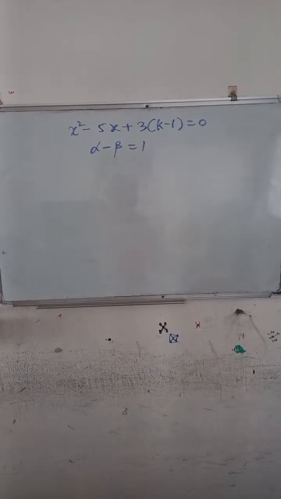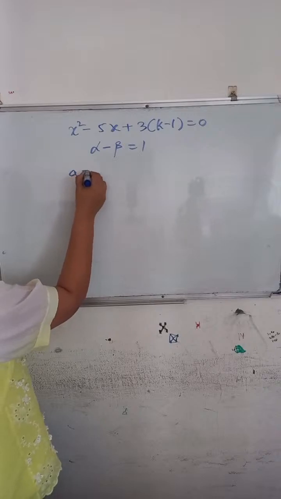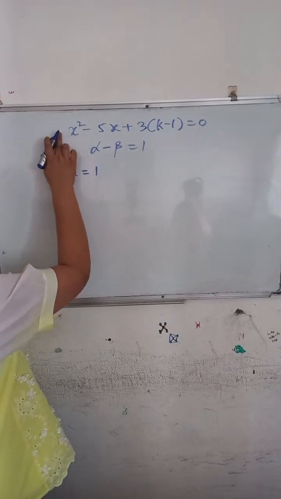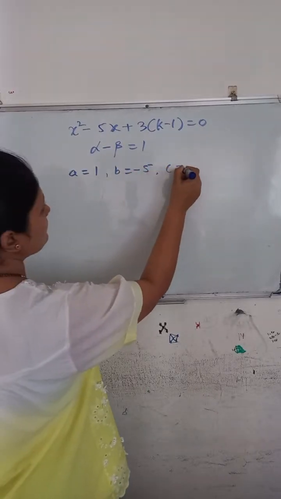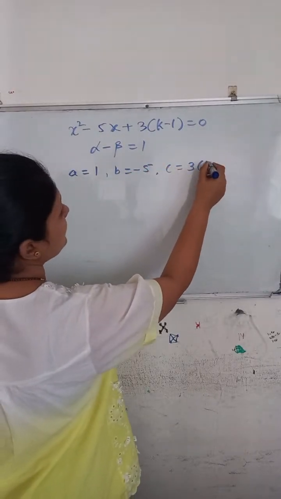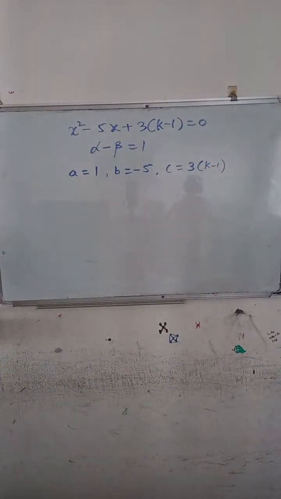Did you get the value? SOZ is 5. Okay, let me check. We will calculate. So here, A is 1, the coefficient of x square is 1, B is nothing but minus 5, and C is 3k minus 1. Don't write only k minus 1, it's 3 into bracket k minus 1.